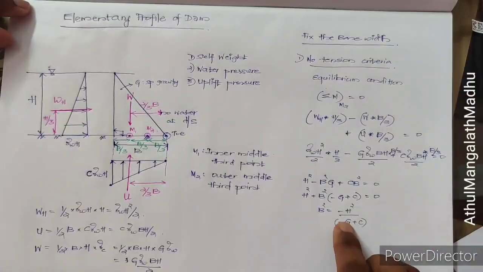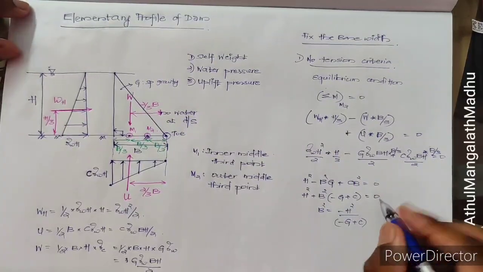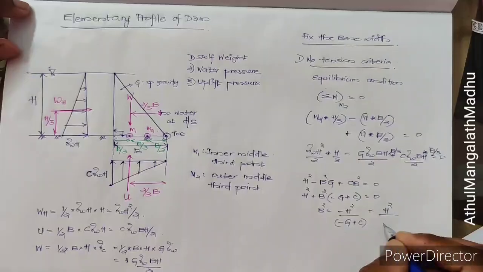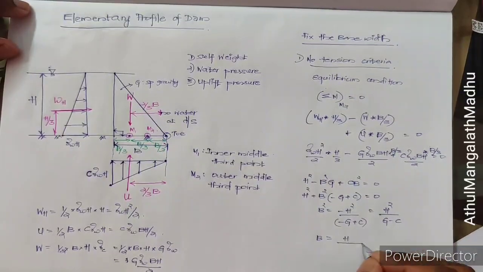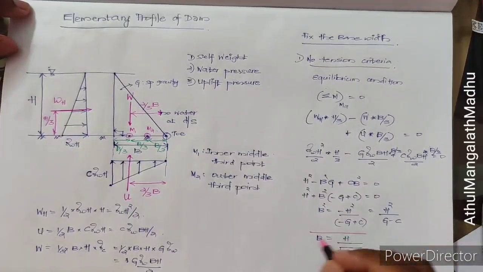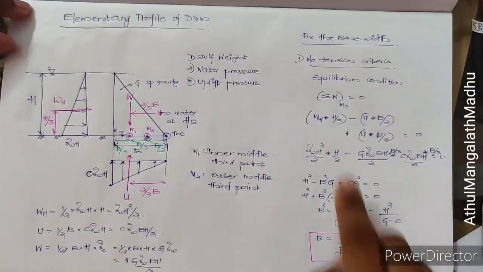So the minus and minus get cancelled, so that is h square by g minus c, or rather b is equal to h by root of g minus c. So this is the equation for the base width for having no tension.